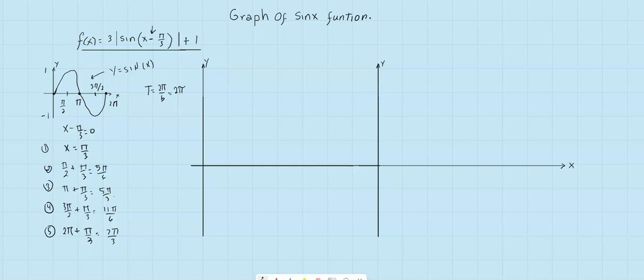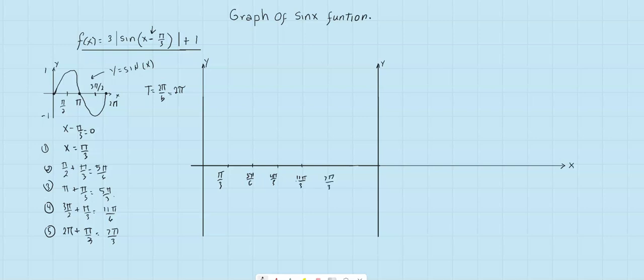So then I just want to graph this thing. This is how it's going to look. It's going to have right here pi over 3, then right here 5 pi over 6, then over here 4 pi over 3, then right here 11 pi over 6, then here 7 pi over 3.